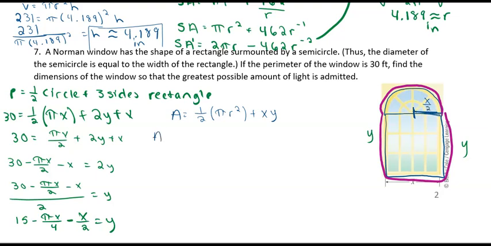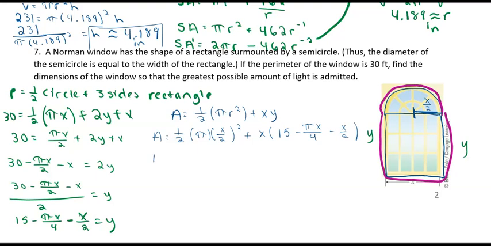So if we put this in, we have 1/2 times pi times x over 2, squared, plus x, and for y, remember, we simplified down here: 15 minus pi x over 4 minus x over 2. There we go. It really doesn't look much more simplified, but at least it's a start and we're getting somewhere.